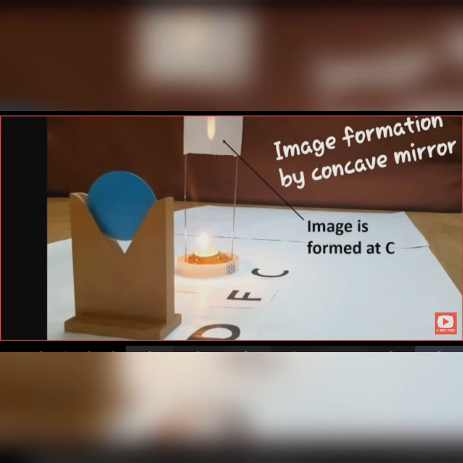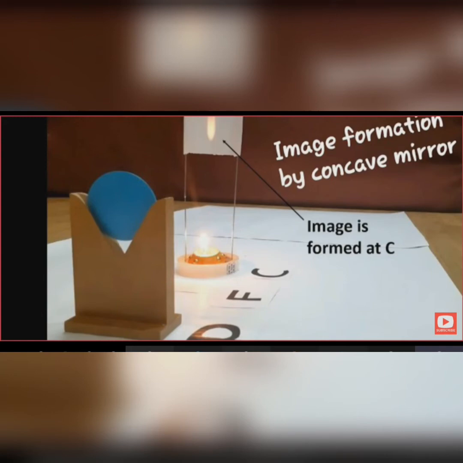Now there are certain images where even if the image is there, you would be able to view it in the mirror, but you cannot obtain it on a screen. Such images are called virtual images. ठीक है, जिसका अभी हमने एक ray diagram बनाया. The rays of light were not actually meeting there.